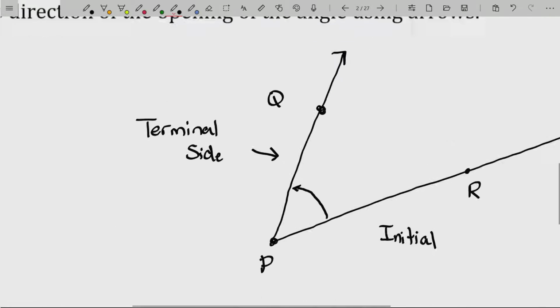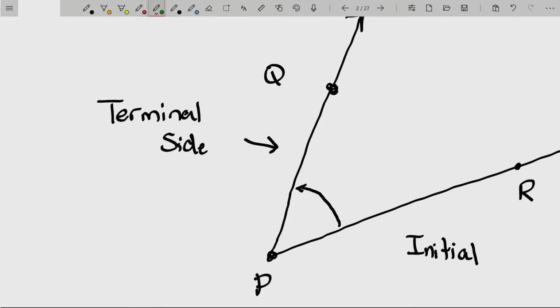So for now, just be very happy with the fact that if it opens counterclockwise this way, that's a positive angle.